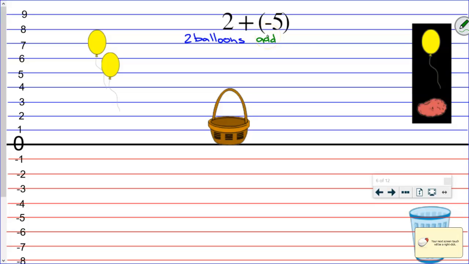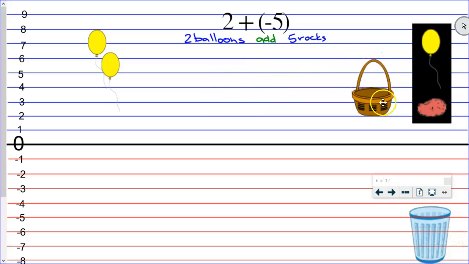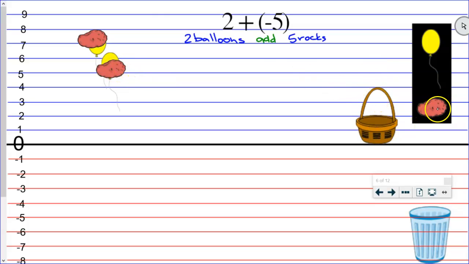Bladen? 5 rocks. Yep, 5 little pebbles. So these 2 balloons raise the basket up to here. But then I'm going to add some rocks. And look at this first rock, zeroes that one out. Second rock, and now I'm at 0, but I haven't added enough rocks yet. I'm going to add 1, 2, 3 more rocks so that I have 1, 2, 3, 4, 5. And look what happens to that basket.